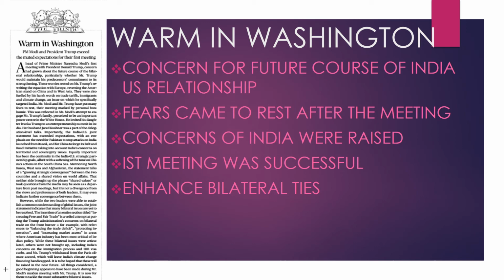While discussing all these facts, this article also tries to bring in the outcome. The meeting emphasized that Pakistan should stop attacks on India, that is cross-border attacks on India, and it also warned China to an extent that it wants China to shape its One Belt One Road initiative in such a way that it takes into consideration the concerns of India.